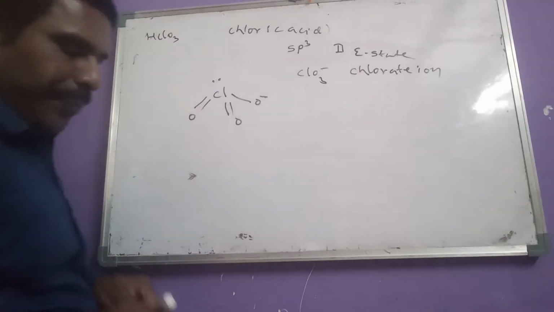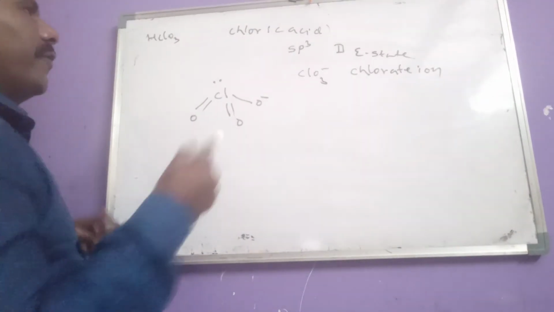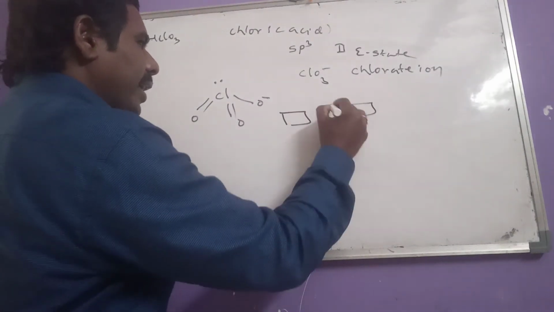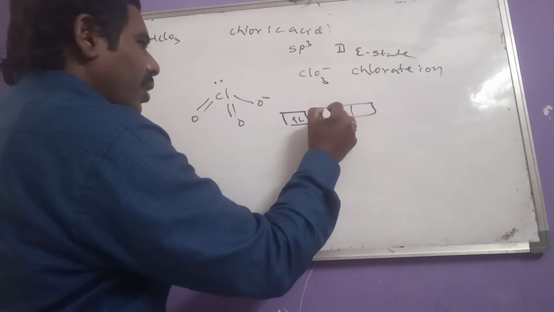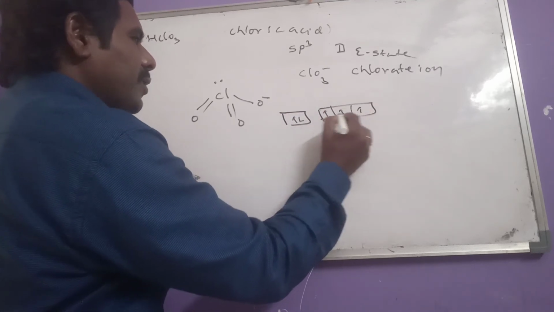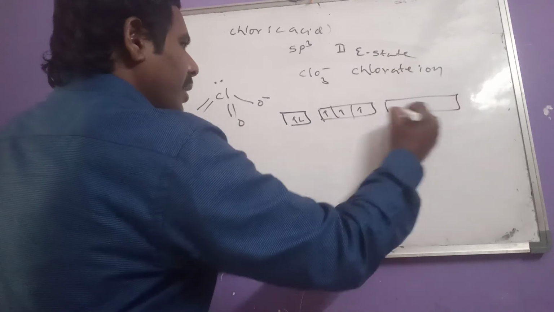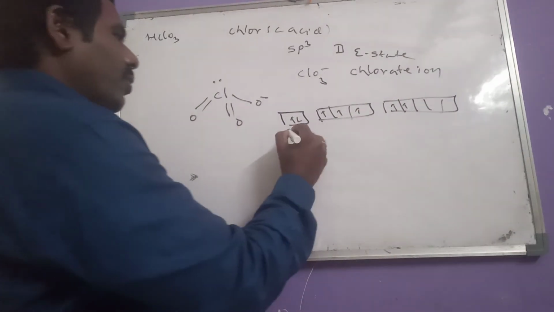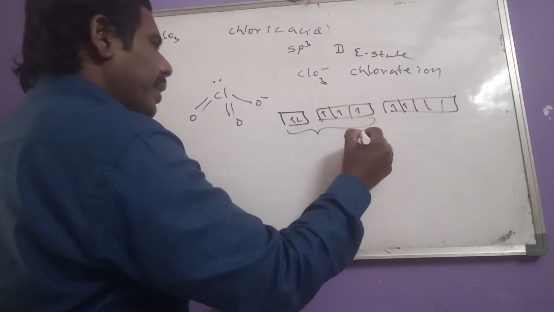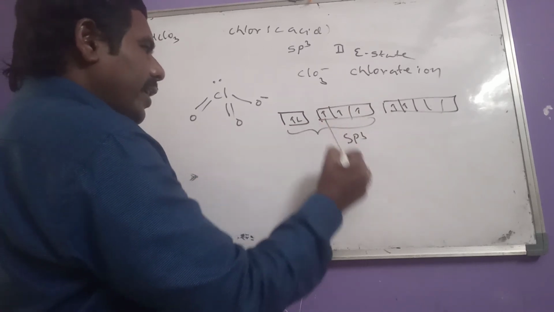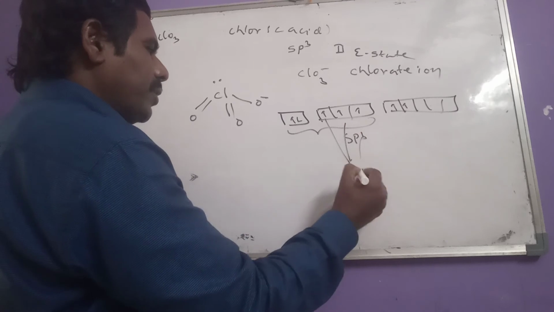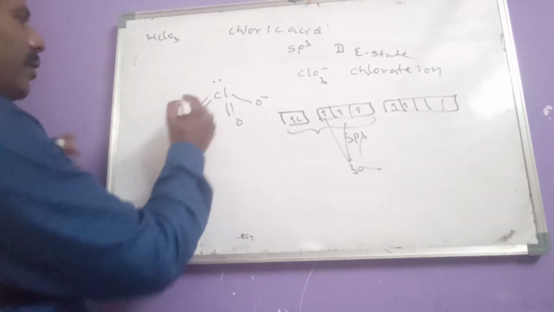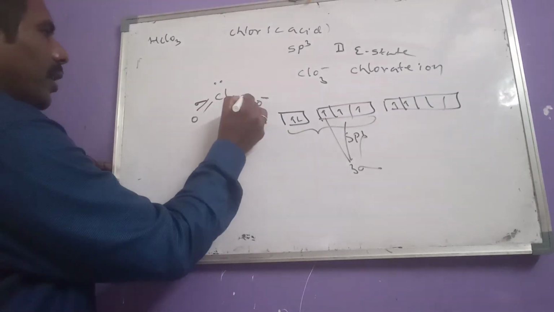So let us see the second excited state configuration of chlorine. In second excited state, the electrons present in p orbital are excited into the d orbital. Now sp3 hybridization: these three unpaired electrons form three sigma bonds, 1, 2 and 3.